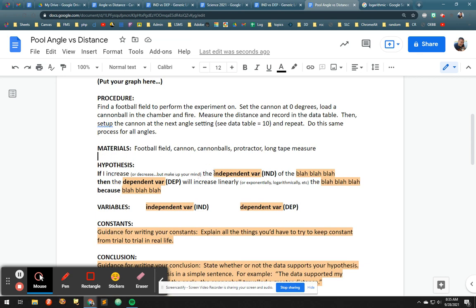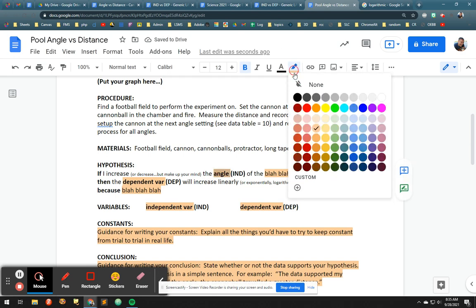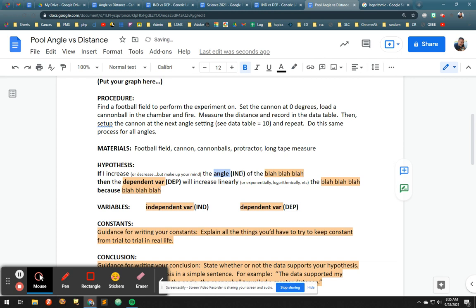So the hypothesis I want in this format: if I increase or decrease, you've got to make up your mind, the independent variable, and remember the independent variable is the angle, and I don't want the highlighting there, so I'm going to take that off. Okay, let's see. So if I increase the angle of the cannonball or cannon, I don't want the highlighting, so take that off.